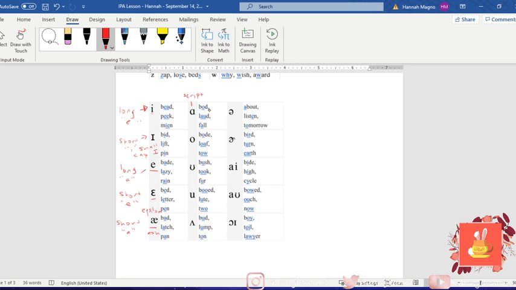It's the aw sound. This one also represents the short O sound. So this is where you get the word ostrich. This is where you get fall, all of the aw sound. So bod, lod, fall.